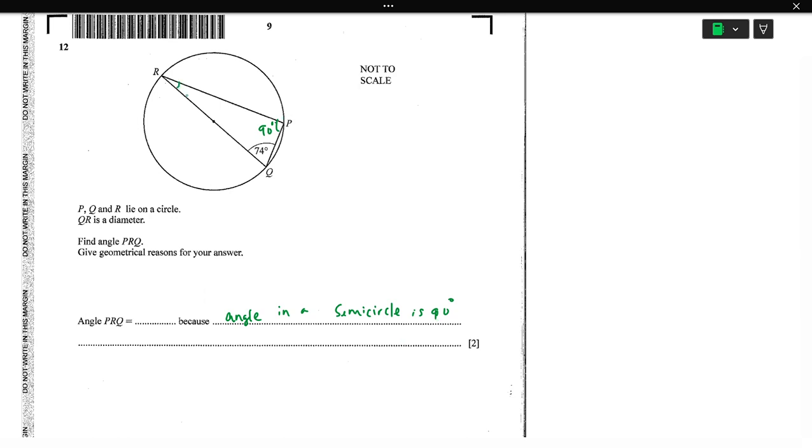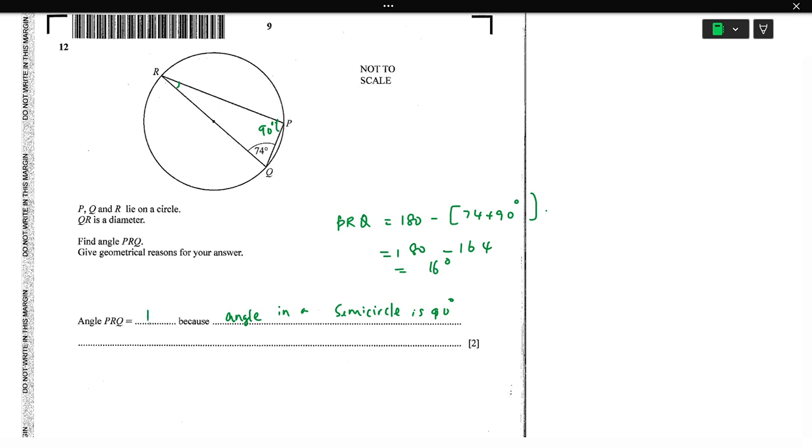Now I need to find this angle. So the angle PRQ is equal to, by the angle sum property, which is 180, take away 180 minus the other two angles, 74 plus 90 degrees, which is 180 minus 164, which is equal to 16 degrees.